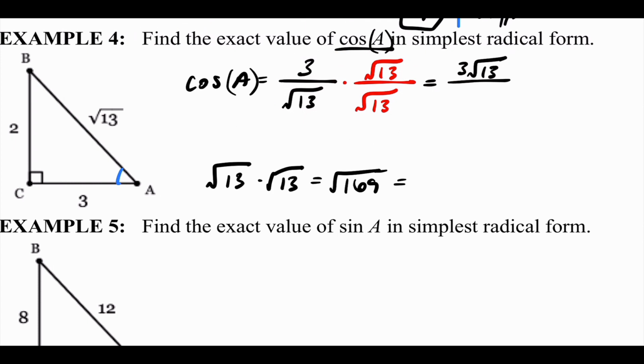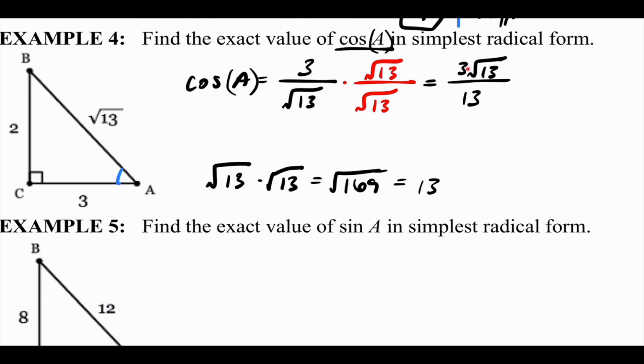What do you think the square root of 169 is? 13. So that's the quick way to do it, right? You can go from here straight to there. Anytime you're multiplying a root by itself, you're squaring it, so it's just going to be that number. So the 13s, I can't cancel because one is a square root and one is not. So that one's not an option.